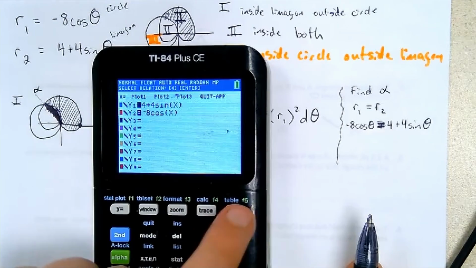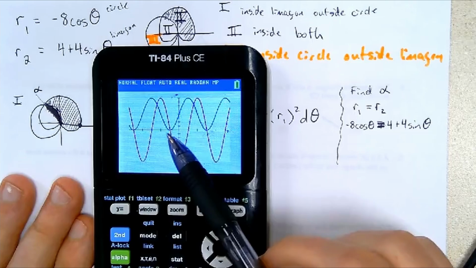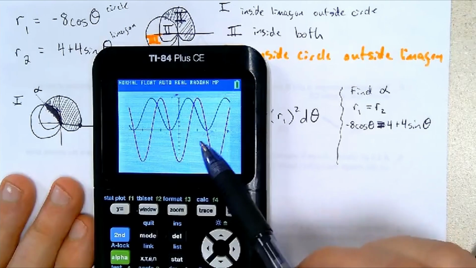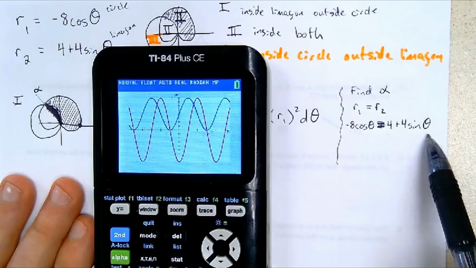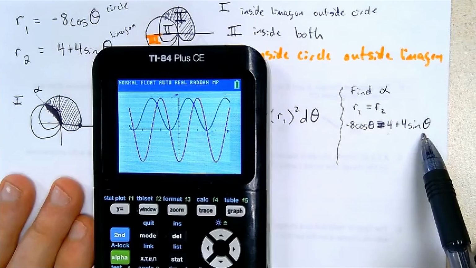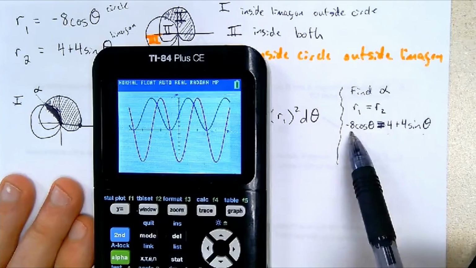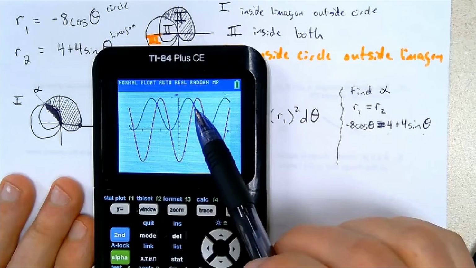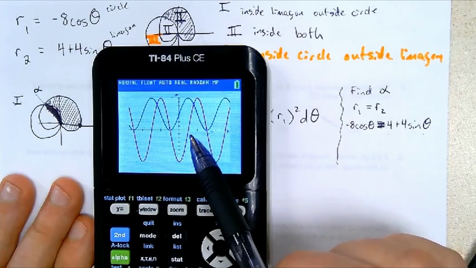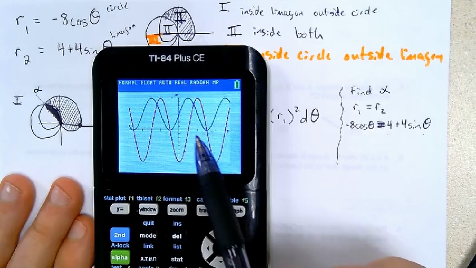And when I draw the graph, the blue curve represents the limaçon equation, or the right-hand side of the equation, I should say, and the red curve represents the circle, or the left-hand side of the equation. And I see that we have one intersection point that appears in the second quadrant. When you're in zoom trig, you have first quadrant, second quadrant, third quadrant, fourth quadrant.